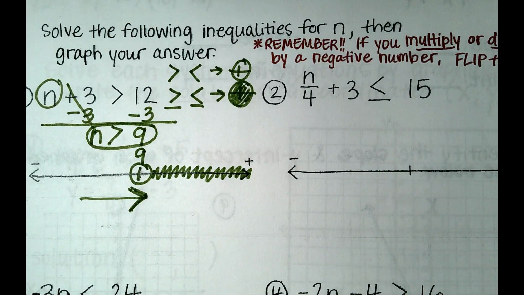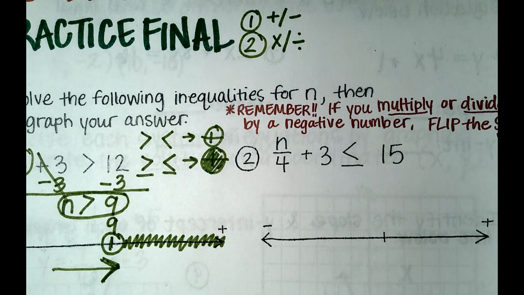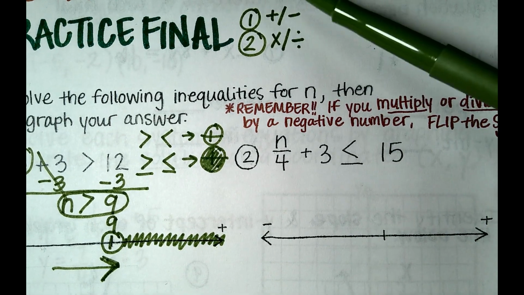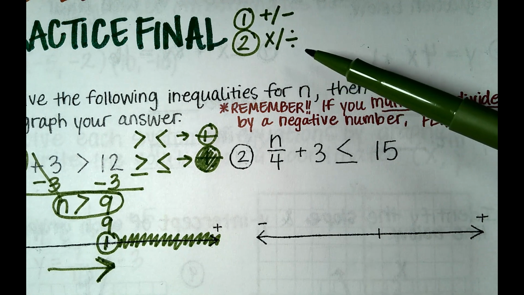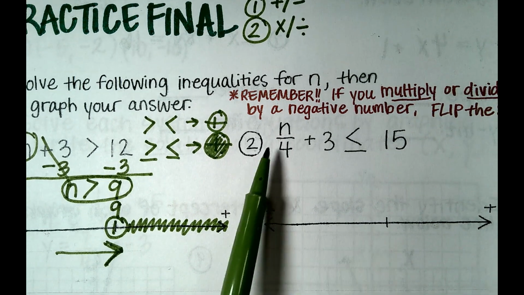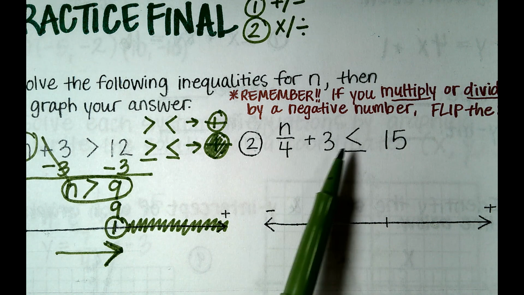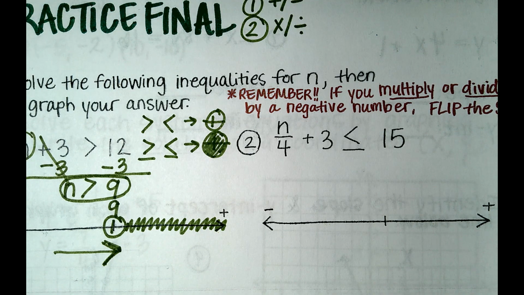Okay. Let's go ahead and look at number 2. Number 2 is where we start needing to worry about the steps: getting rid of addition and subtraction first, and then multiplication and division. So I have n divided by 4 plus 3 is less than or equal to 15. What should I do first?